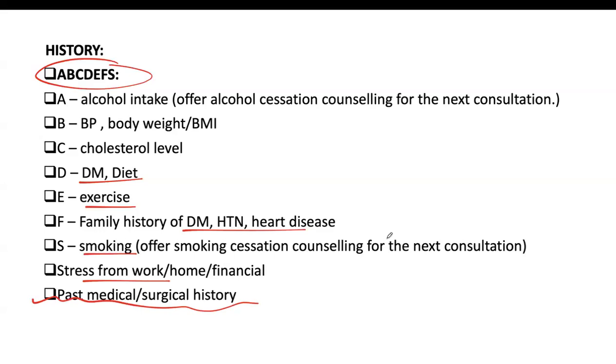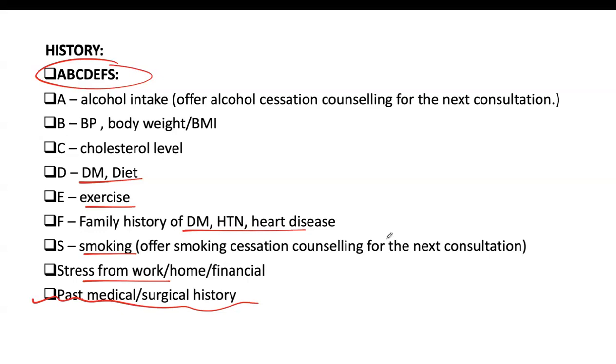So at the moment, do you have any symptoms of any heart condition such as chest pain, shortness of breath, especially shortness of breath on exertion? That means when you do any exercise, any racing of your heart. These are most important: chest pain, shortness of breath, racing of the heart.